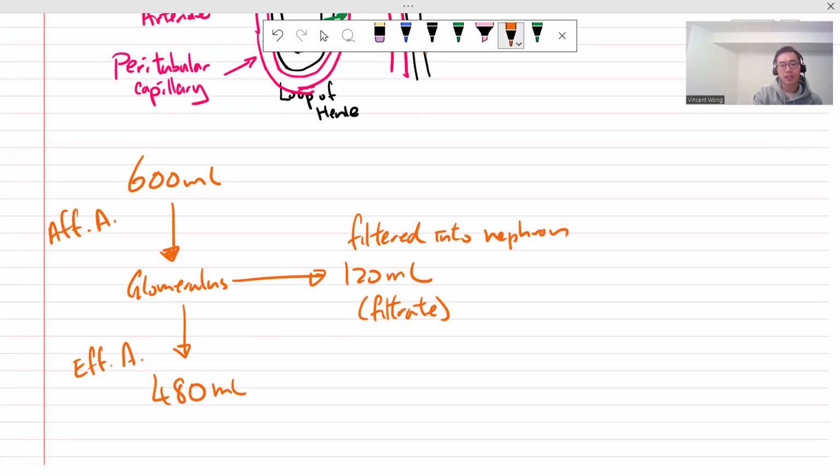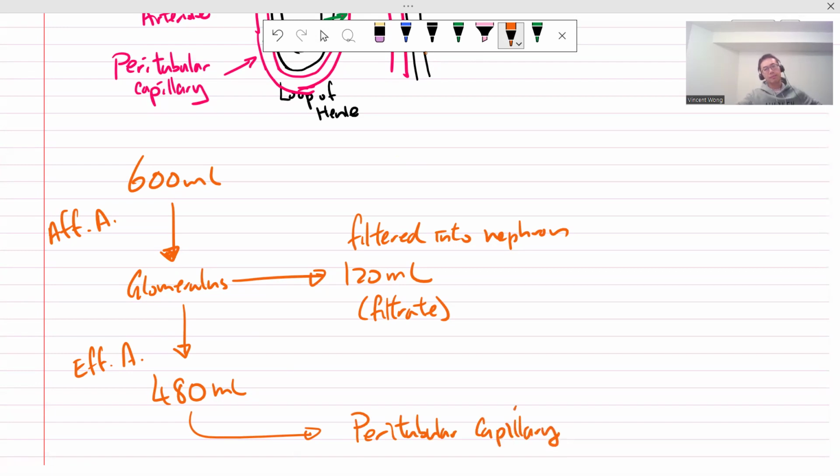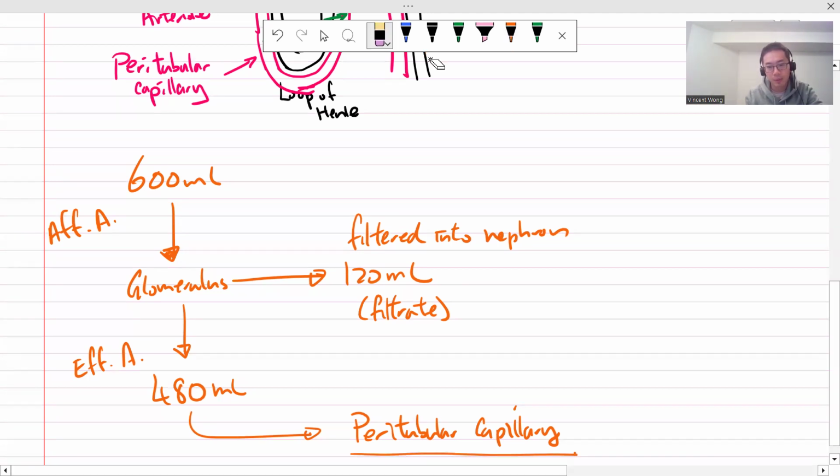You don't really have to understand these numbers too much, okay? But with some numbers, maybe it's better for some of you. So 600 goes in to all the nephrons, and then you filter out 120. The other 480 will just continue in the efferent arteriole and then becomes part of the peritubular capillaries.